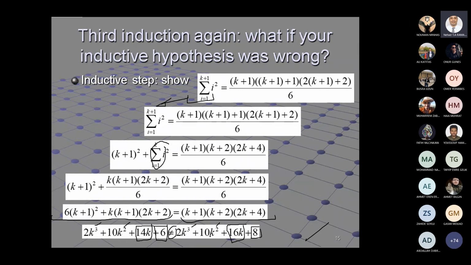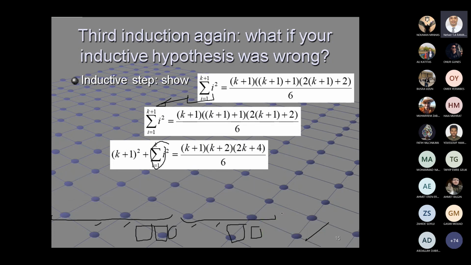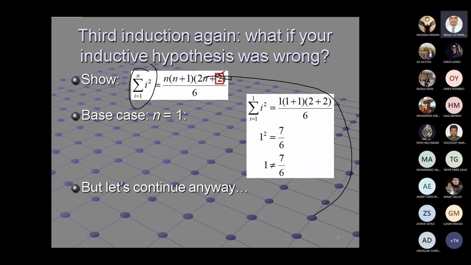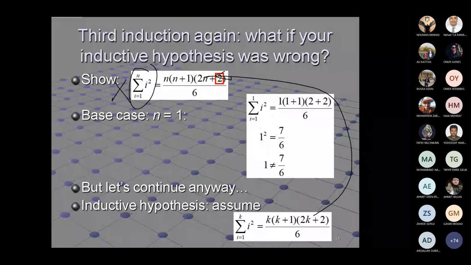If the inductive step shows that the left side is not equal to the right side, then we found that this equation from the beginning is not correct. If you have this equation, you don't need to do the second and third step. From the base case, we show that the question is not correct.